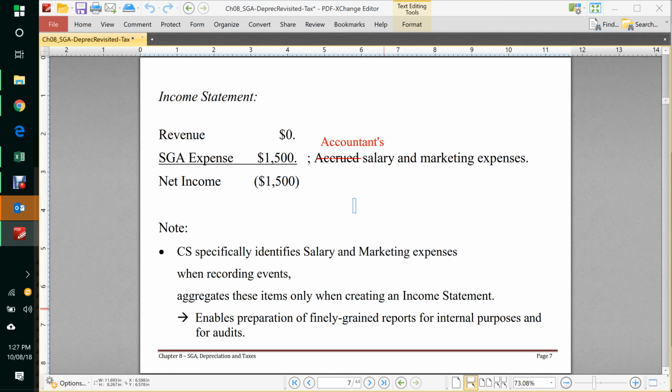Okay, and note that CS does specifically identify the salary and marketing expenses when they are recording events, and that's what we want to do too, okay? So you only aggregate this information when creating an income statement, and I'm going to say if you are choosing, and in this class, of course, it would be told to condense into SG&A.